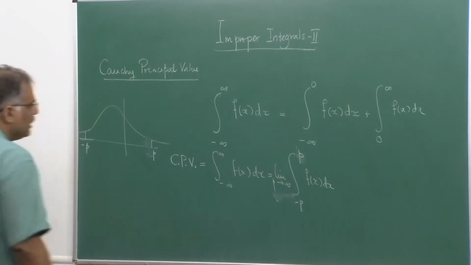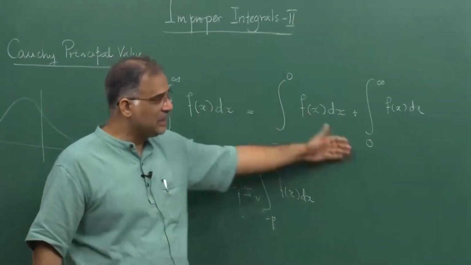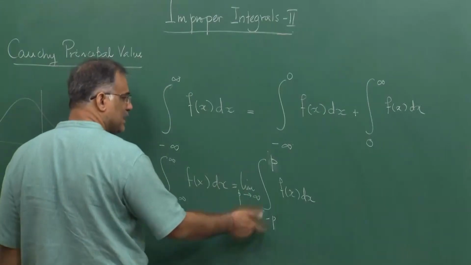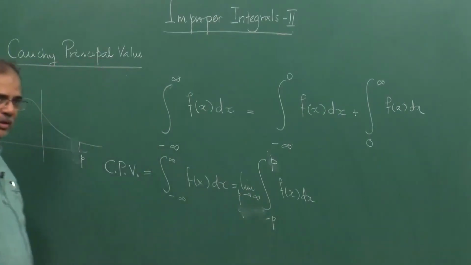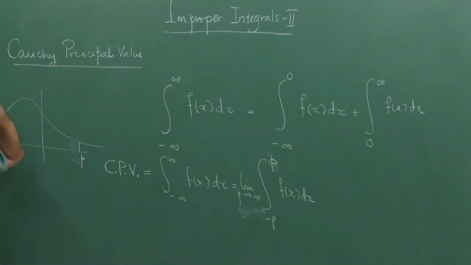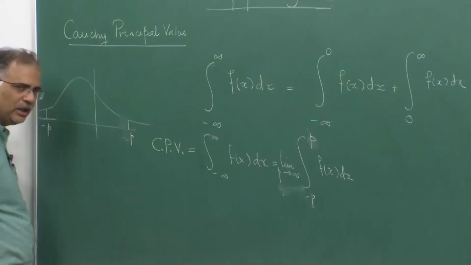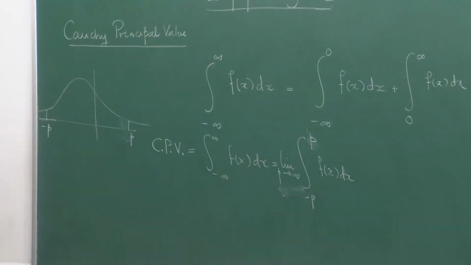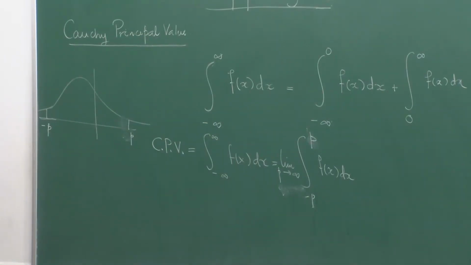So ultimately these integrals should just exist, but what can happen is that this integral exists from minus p to plus p, but when you separate them and come from one end to 0 and 0 to the other end, it simply does not exist.